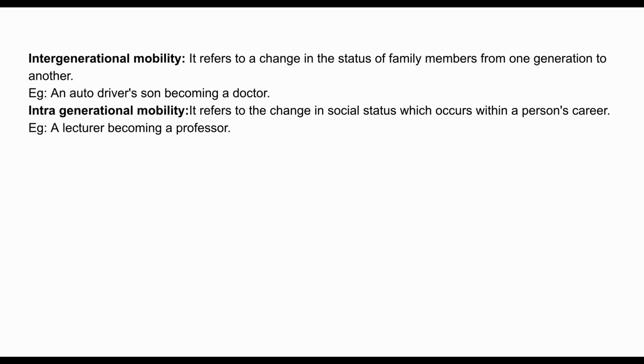When you are comparing yourself with your parents, if your position is better or your earning is better than your parents', we call this intergenerational mobility. Intra means within ourselves. If you are earning better than the previous year, we call this intragenerational mobility. The example is very clear: a lecturer becoming a professor. So this is all about inter and intragenerational mobility.